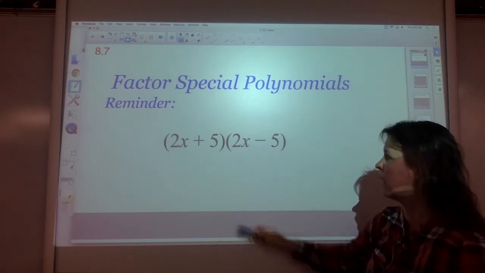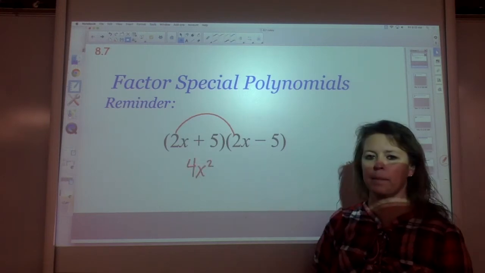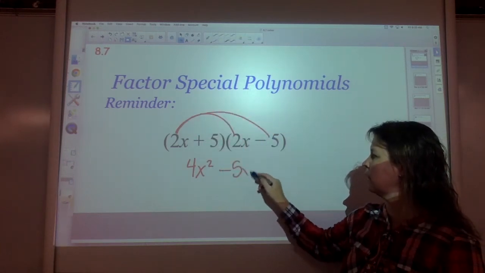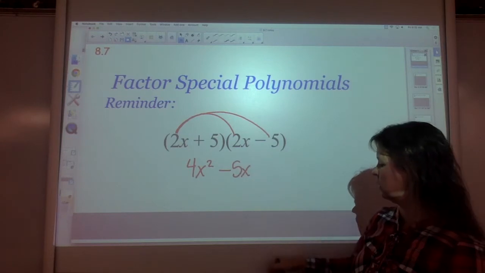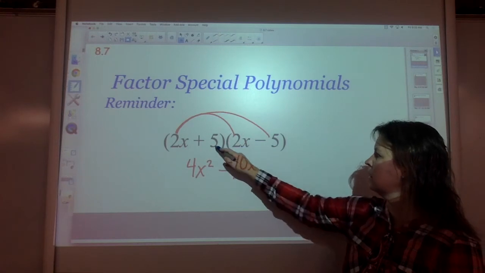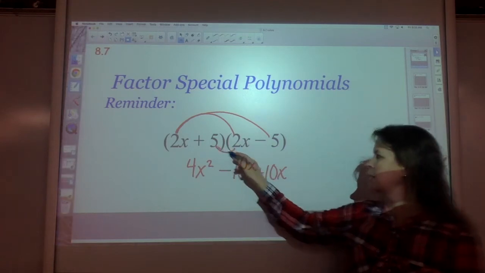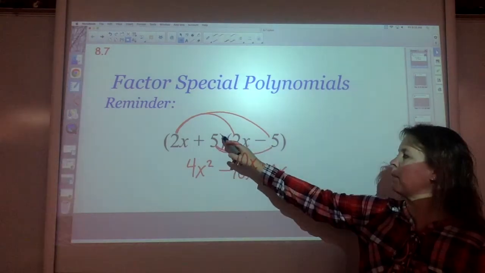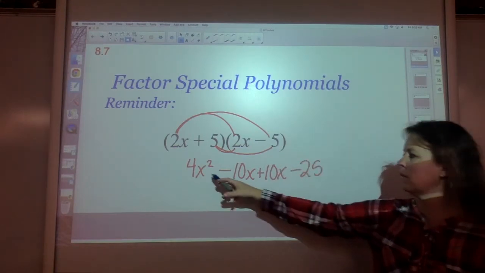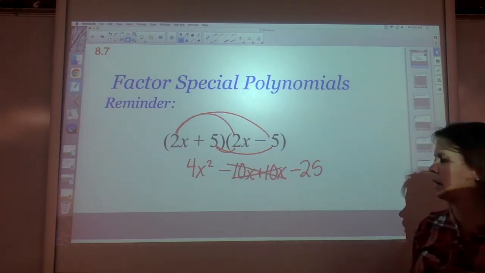You might remember we took 2x times 2x is 4x squared, and when we did outside, we got negative 10x, 2 times 5 is 10, and inside, we got positive 10x. And then last, always be careful, make sure you don't cancel those out. A positive 5 times a negative 5 is negative 25. You're always going to have a first and a last, but inside, outside, a negative 10x plus 10x is gone.